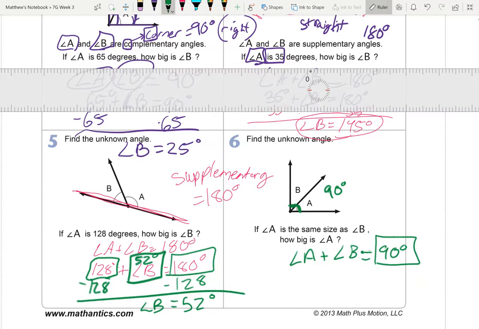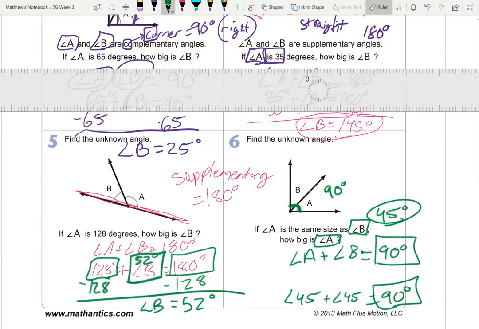Because we could then say that angle A of being 45 degrees plus another angle of 45 degrees equals what we're looking for here, 90 degrees. So both angle A and angle B would have to be the same measure, 45 degrees. And when we multiply the two angles together, that's going to be times 2 to give us 90.